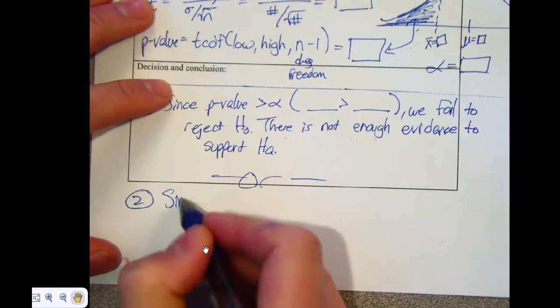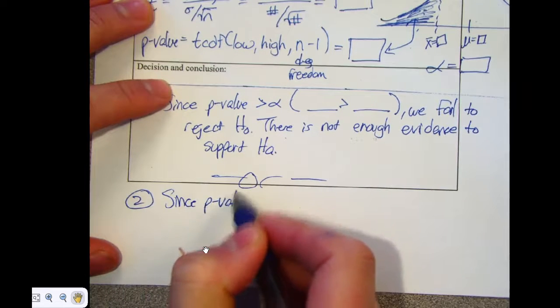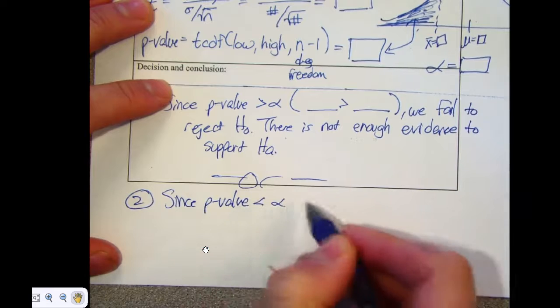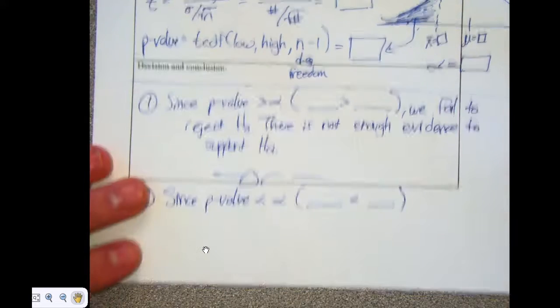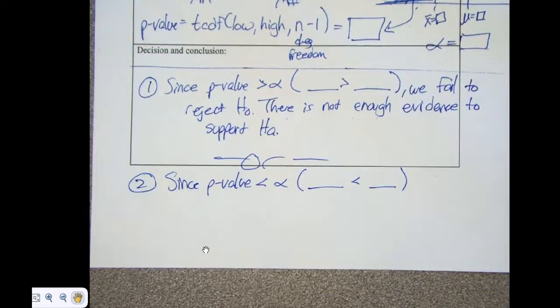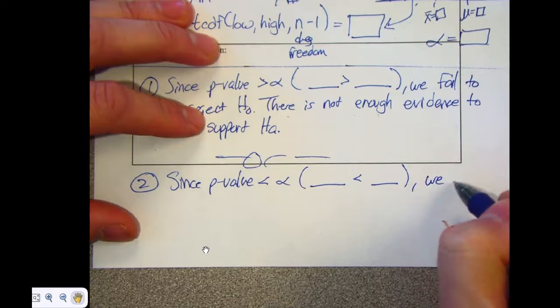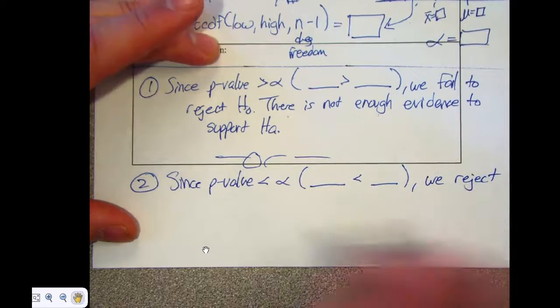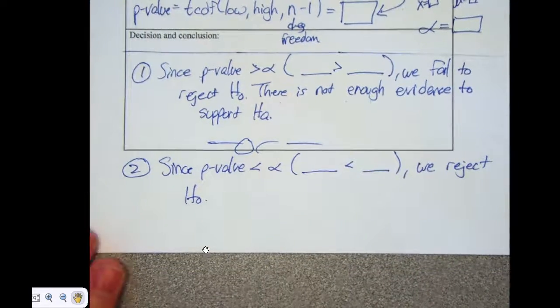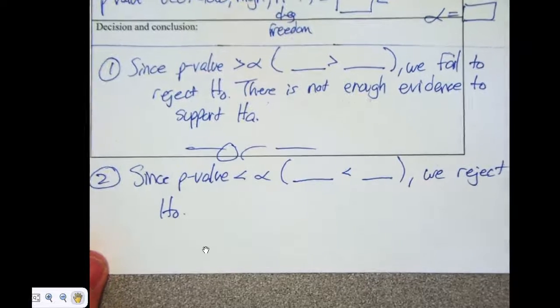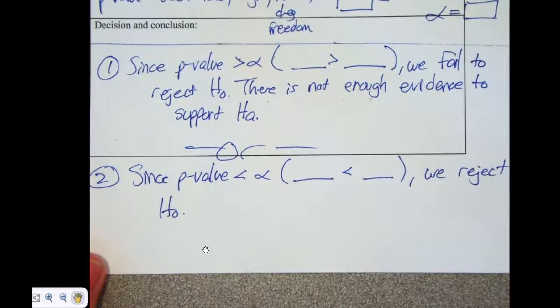The other one would be since p-value is less than alpha. Again, you have to reiterate that and be like, here, look, right? We reject H0.